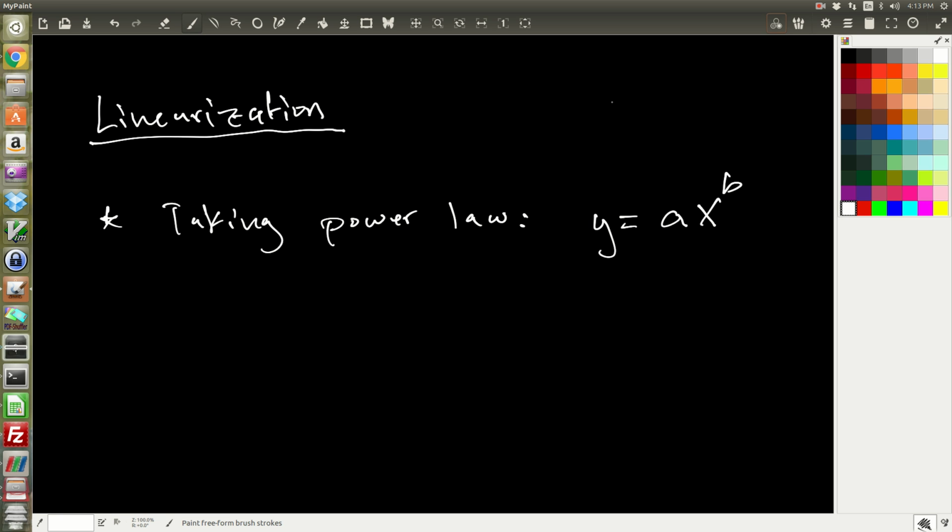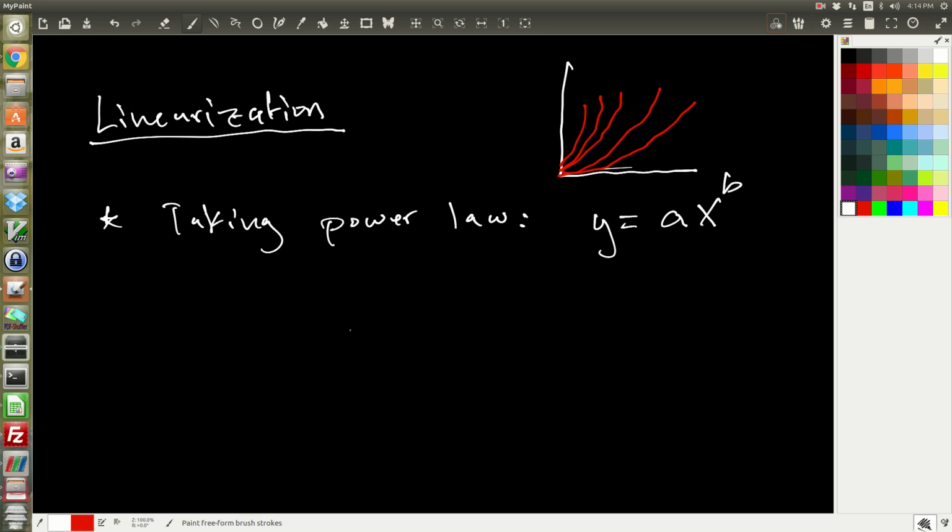Depending on how we change the parameters, the curve that we're fitting to the data will change. So maybe one set of parameters is going to give a curve like this. Another one's going to give a curve like this. We've got all different shapes of curves that are defined by these different sets of parameters a and b.